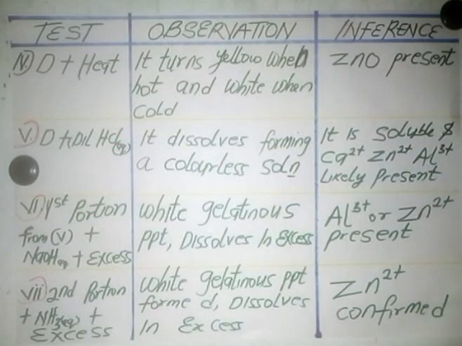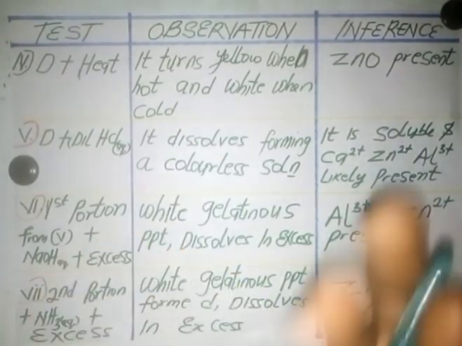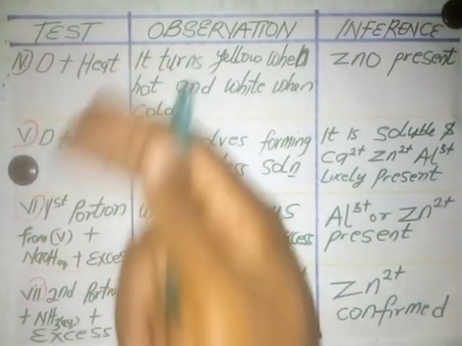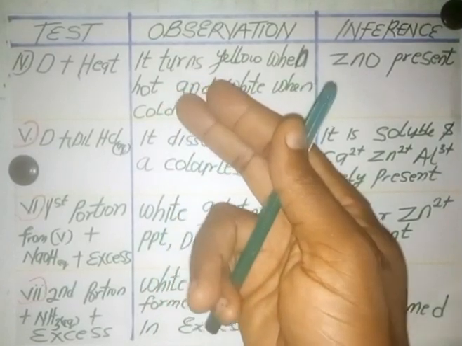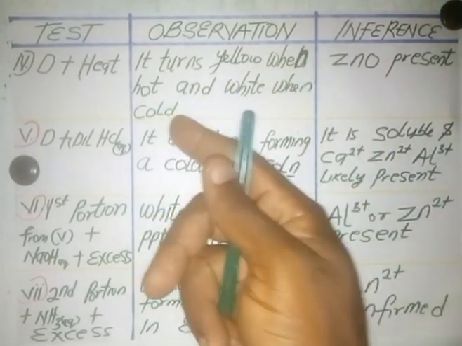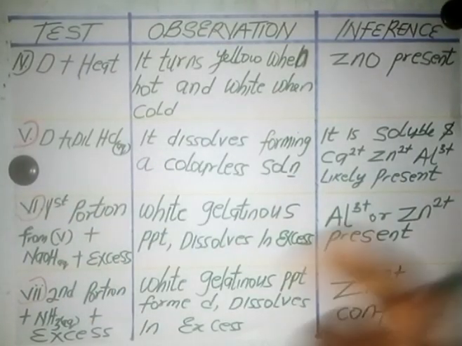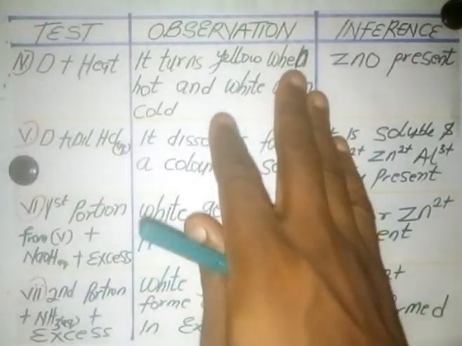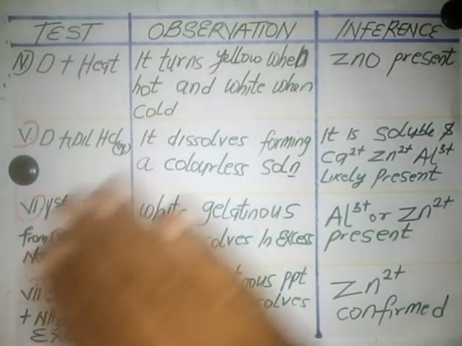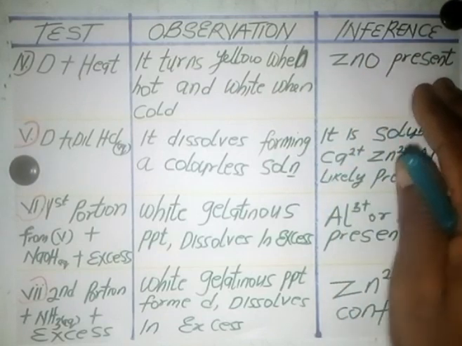Okay, so the remaining part is now for zinc oxide. I said D is representing zinc oxide plus heat. When you do that, the observation is that it turns yellow when hot and white when cold. So it is only zinc oxide that behaves like this. So without wasting much time, the inference here is that zinc oxide is present.